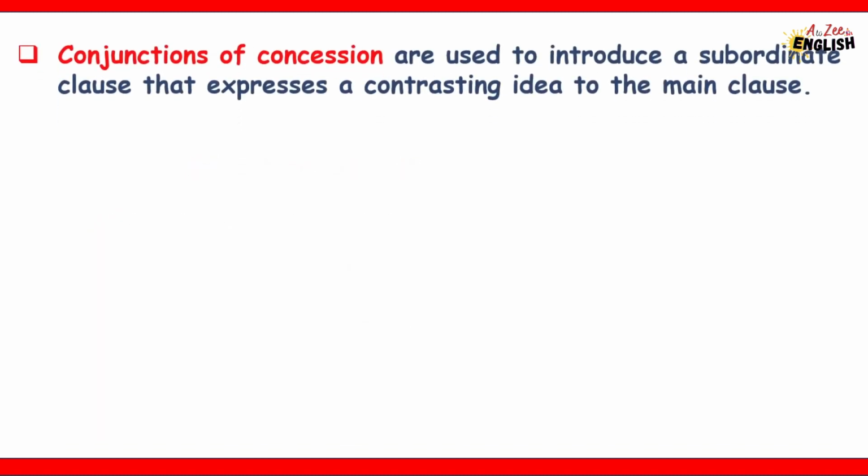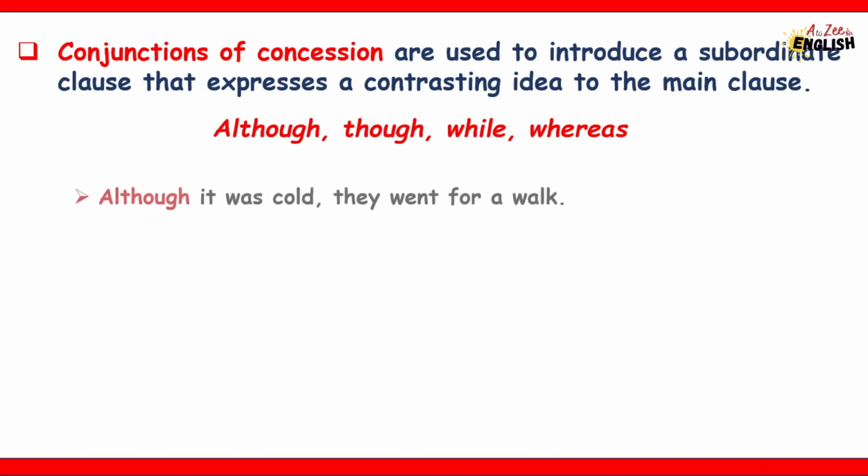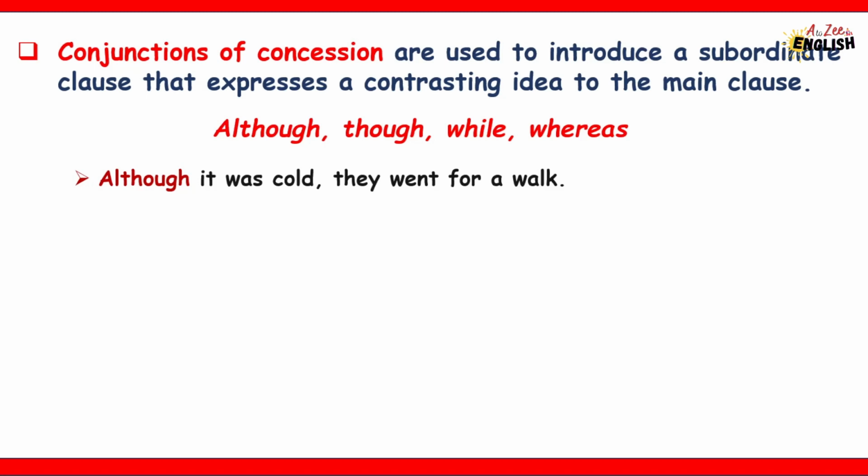Next is the conjunctions of concession. Conjunctions of concession are used to introduce a subordinate clause that expresses a contrasting idea to the main clause. Conjunctions are although, though, while, whereas. Although it was cold, they went for a walk.